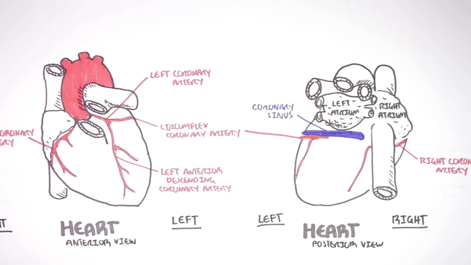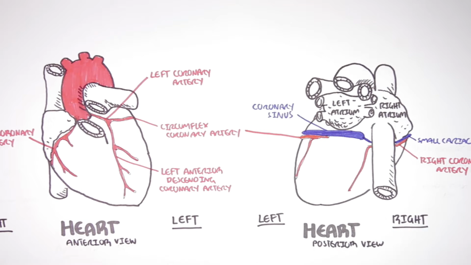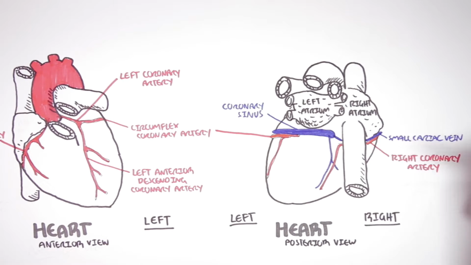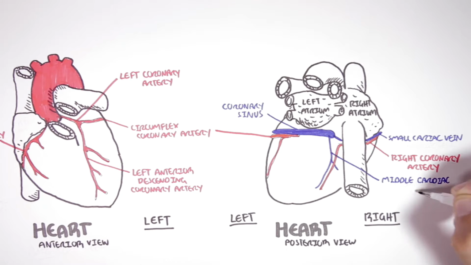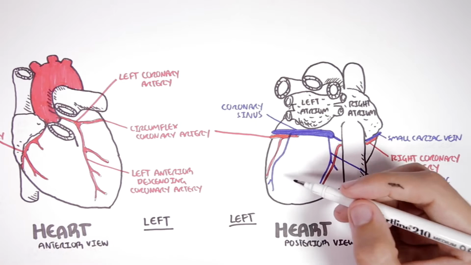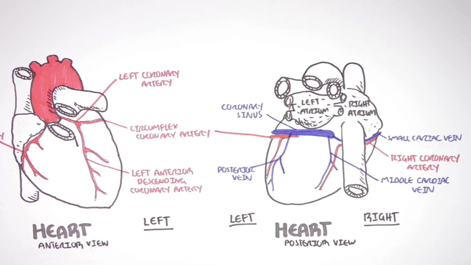So all the deoxygenated blood from heart muscles will go back through the coronary sinus back to the right atrium. You have the small cardiac vein from the right side of the heart joining with the coronary sinus. And then the middle vein from the right ventricle here joining onto the coronary sinus. We also have the posterior vein from the left ventricle joining onto the coronary sinus, bringing back deoxygenated blood to the right atrium.